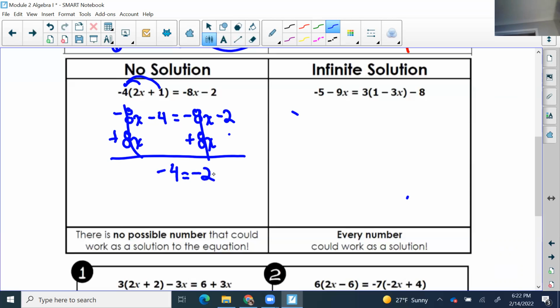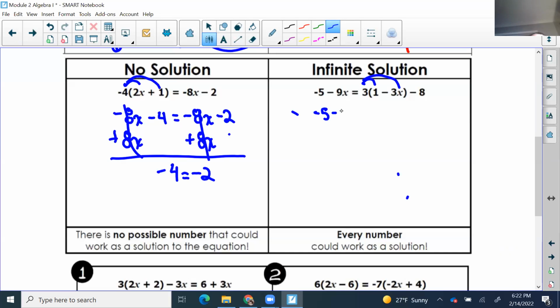Well, that never is true, right? So when the two numbers are completely different and the variable goes away, there's no possible number that could work, so there's no solution.